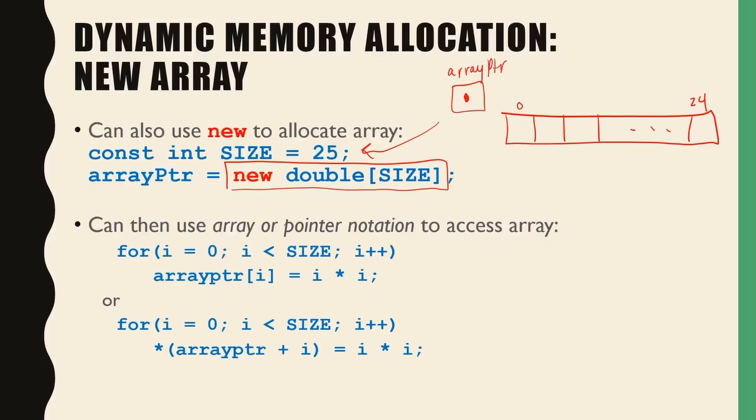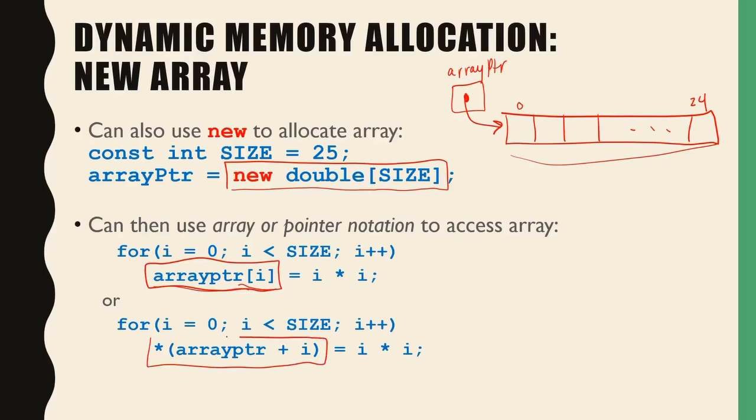This is assuming that array pointer was already created and is allowed to be a pointer to a double. Array pointer is now the name of our array, and it's the only name that we have. So whenever I want to access these array elements, I have to go through array pointer, and I can use either array notation or pointer notation.